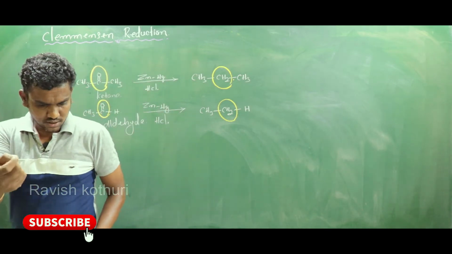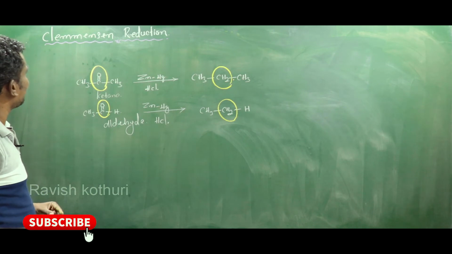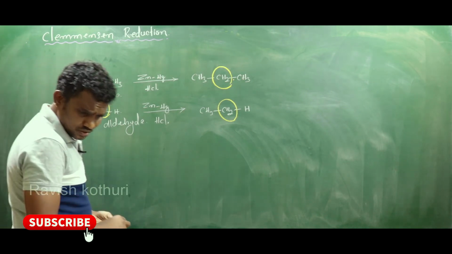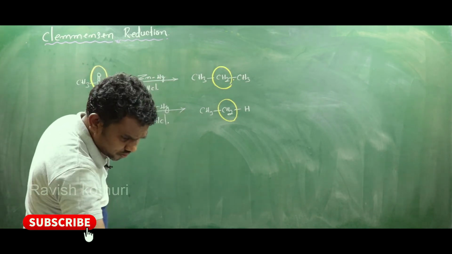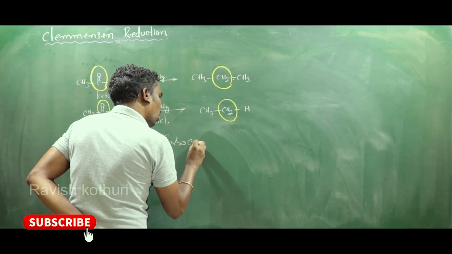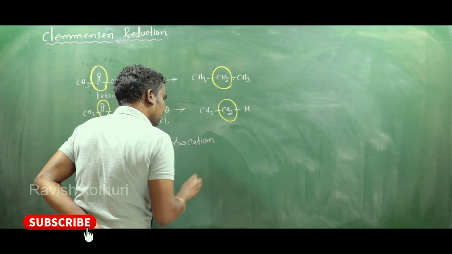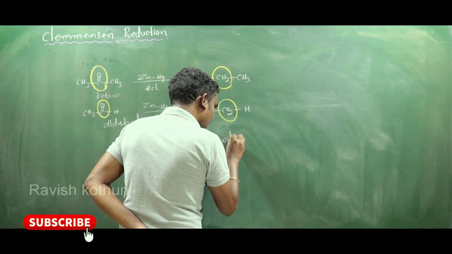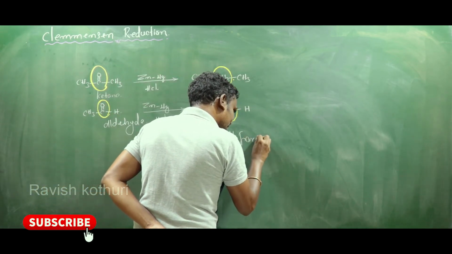Be focused. In this Clemmensen reduction, what happens? A carbocation will form as an intermediate.